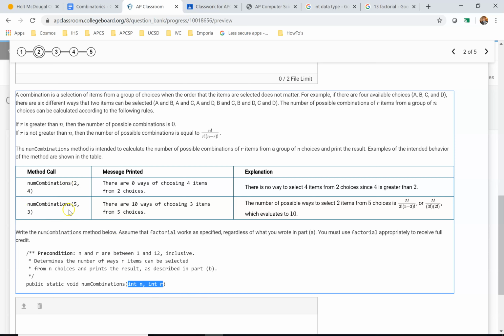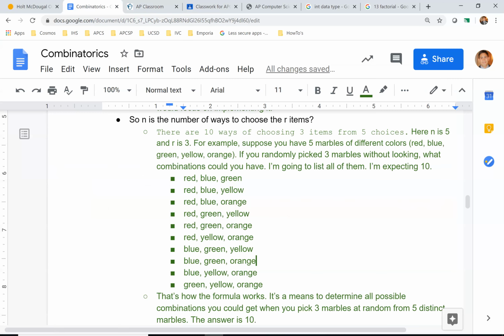So if you send 2 and 4 or 5 and 3, what I try to do here is provide some sort of clarification in my answer. I looked at the second test case. There are 10 ways of choosing 3 items from 5 choices. And so n is 5 here, and r is 3.